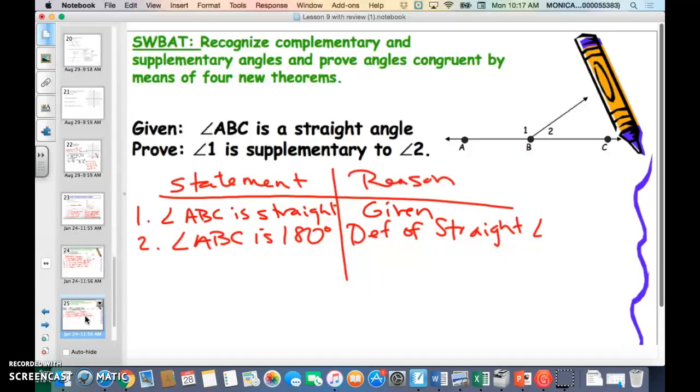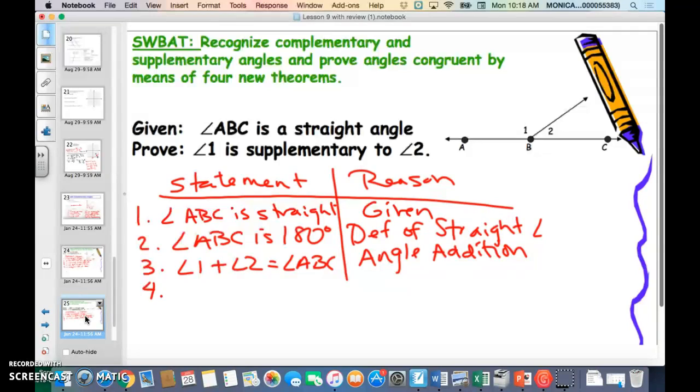Now I can say that angle 1 plus angle 2 is going to equal angle ABC, and this is angle addition. Now I can say that angle 1 and angle 2 are going to equal 180, and that's because of substitution.